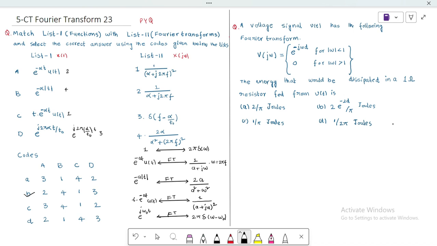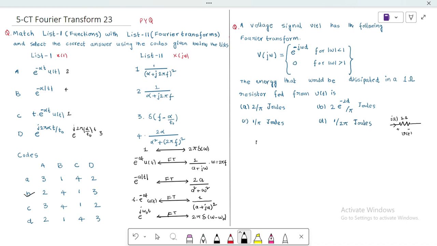Simple thing. For example, this is the resistor, a 1 ohm resistor. This voltage is given, and the current passing through this resistor is I of t. Then energy is nothing but the integral of the power.